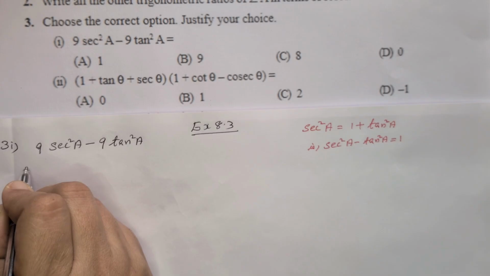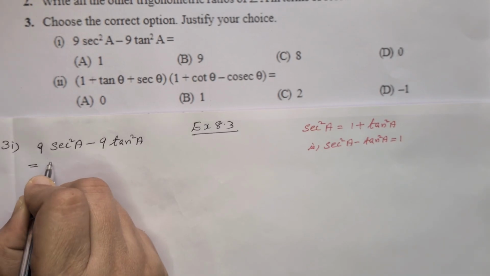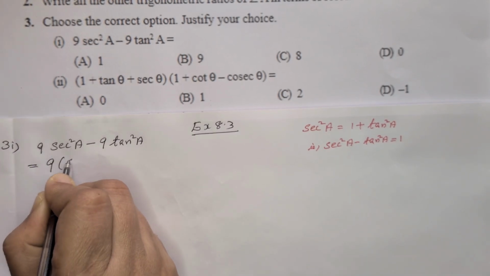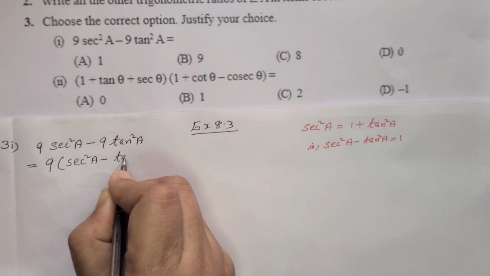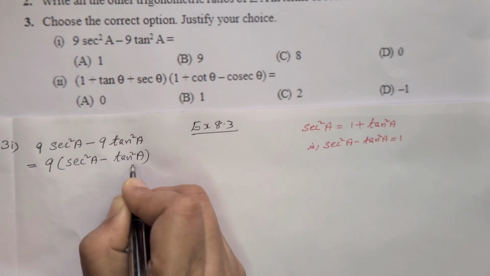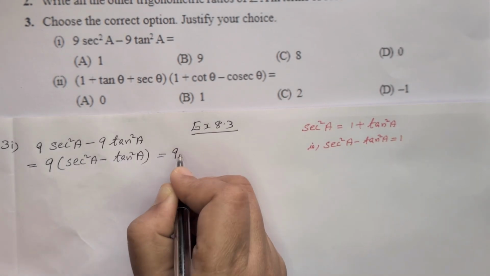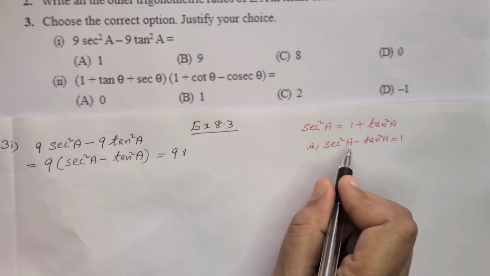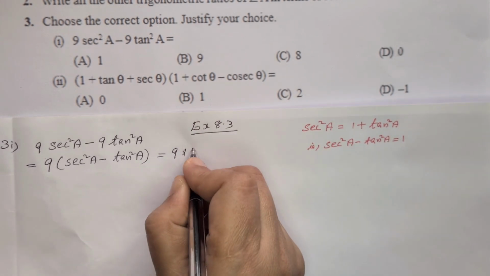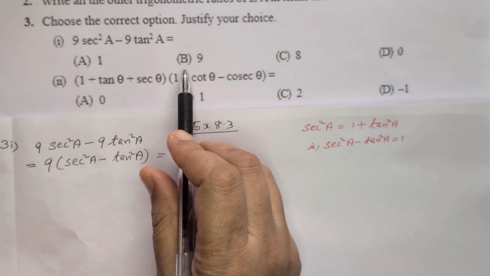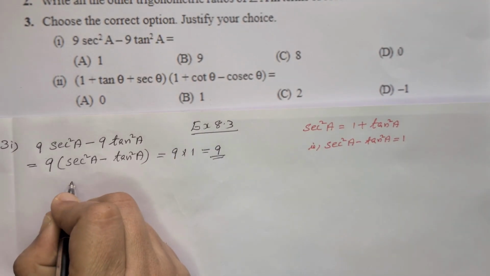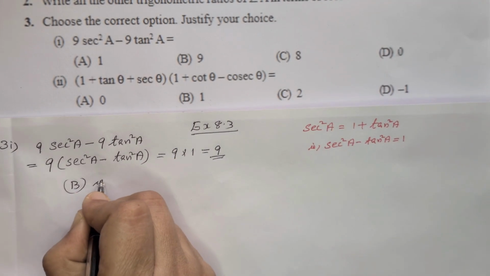So we can rewrite this, 9 we can take as common, 9 into sec square A minus tan square A. Now sec square A minus tan square A is 1. So 9 into 1 is equal to 9. We can see option B is correct.